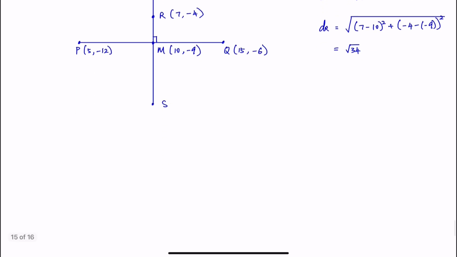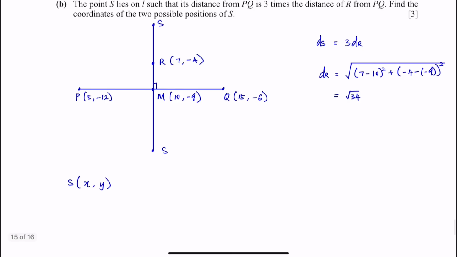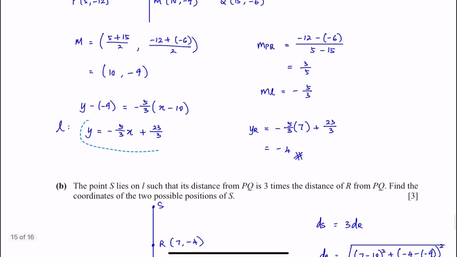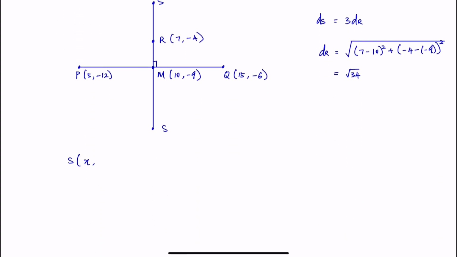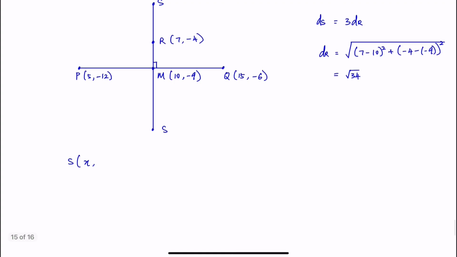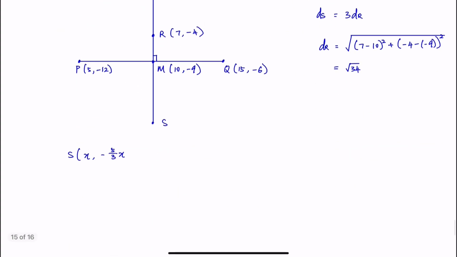So now we can write S as (x, y), but since we know that the equation of line L is given as this, we can write S as (x, -5 over 3 x minus 23 over 3).